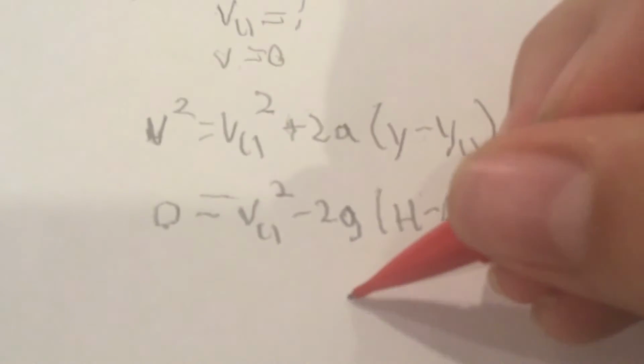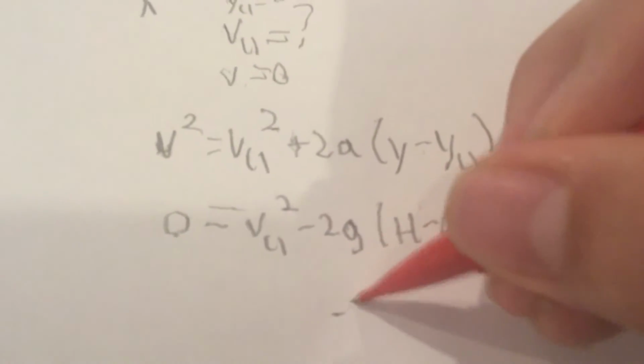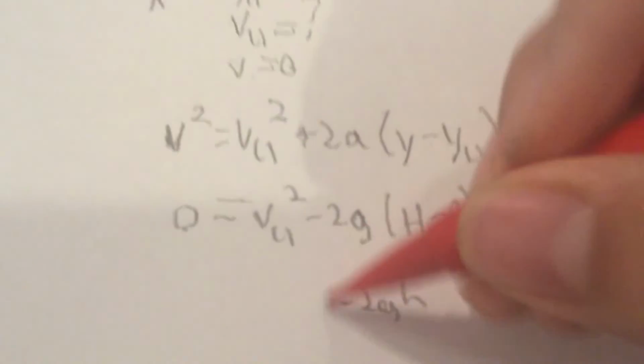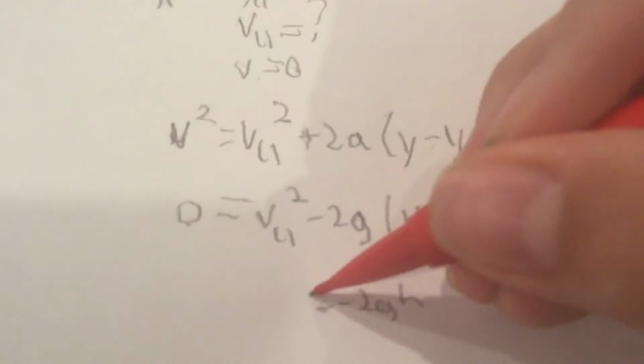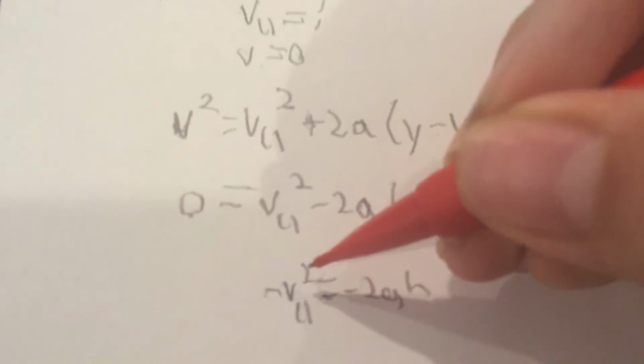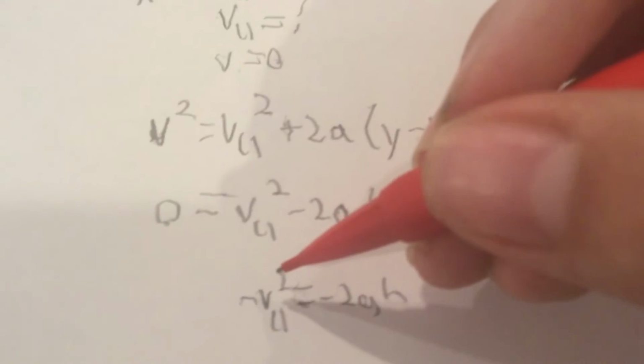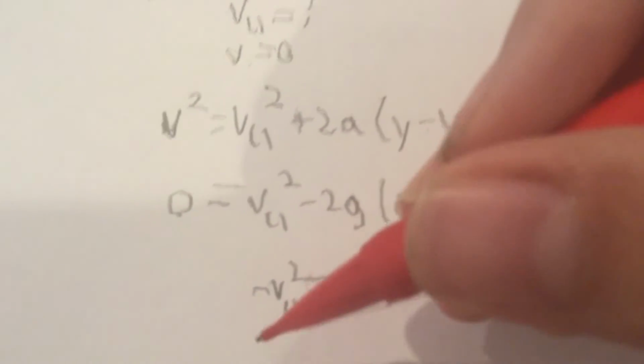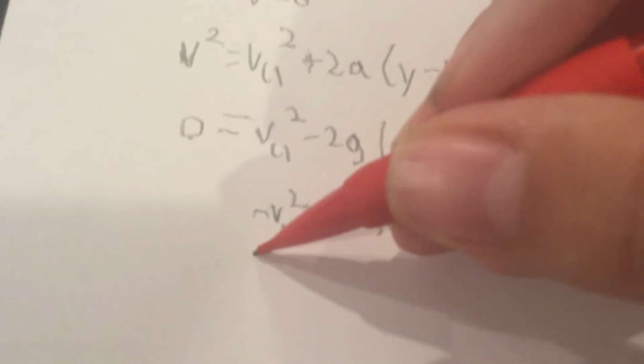Okay, so we have negative 2gh equal to negative v naught squared. Divide by negative 1 to cancel out the negative.